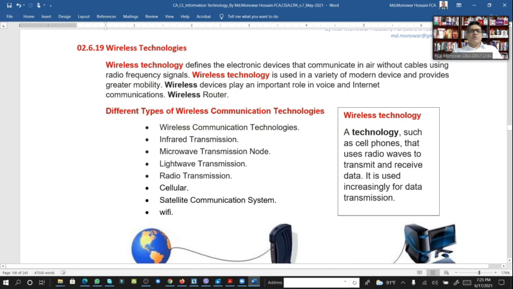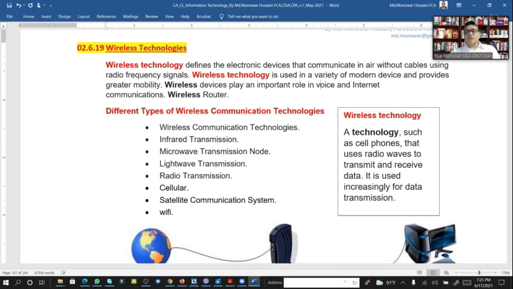Now, wireless technology. Wireless technologies such as the cell phone, our mobile, and sometimes radio transmission are used for increasing data transmission. Wireless technology defines the electronic devices that communicate in air without cables using radio frequency signals.